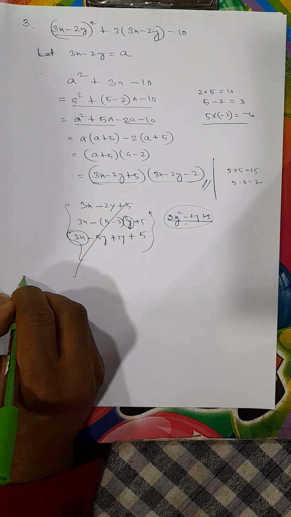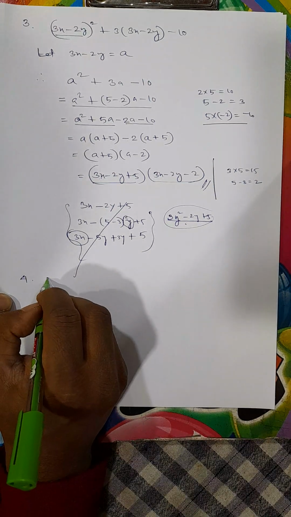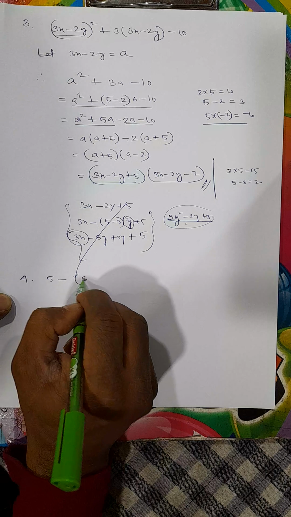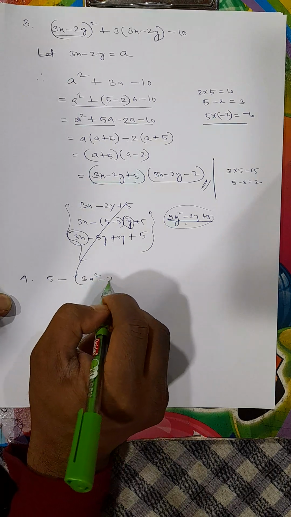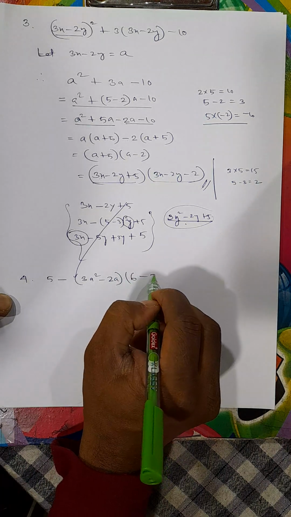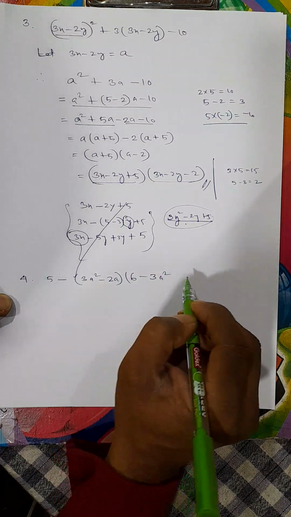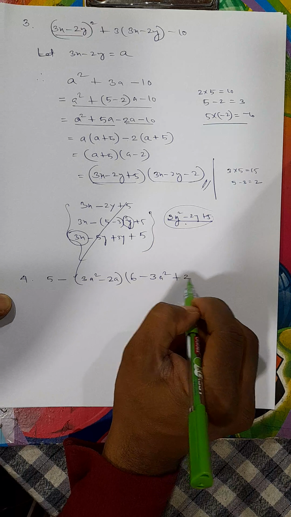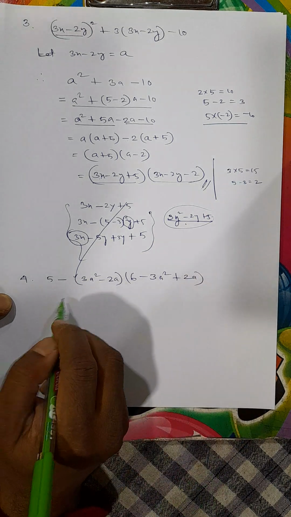Now let us go for another example. Suppose (5 minus 3a square minus 2a) multiplied by (6 minus 3a square plus 2a), right?